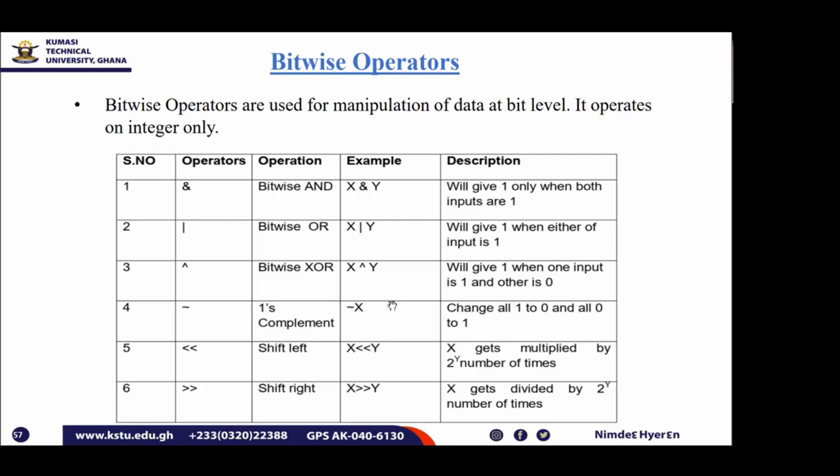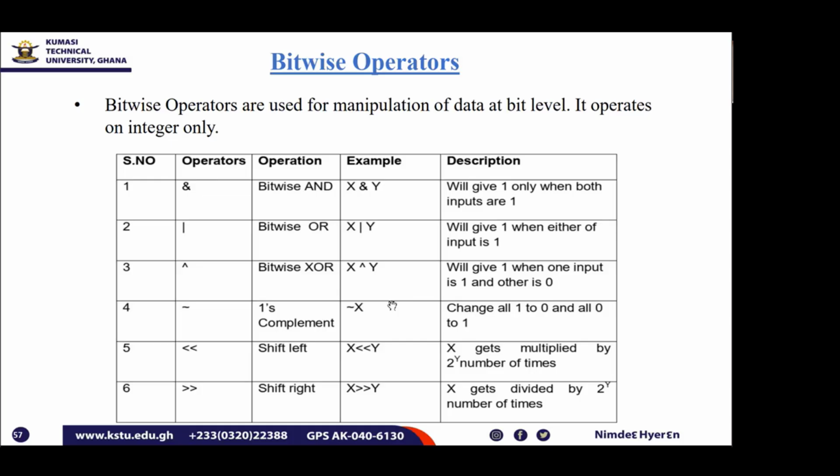And then for XOR, you would get 1 when one input is 1 and the other is 0. And then the ones complement, which is illustrated with the tilde X sign, changes all ones to 0 and all zeros to 1. That is what the ones complement does.